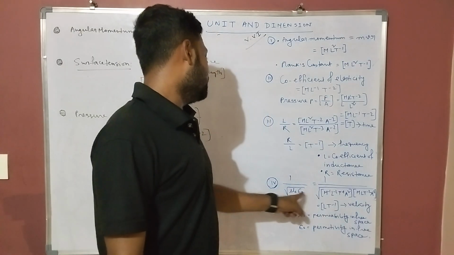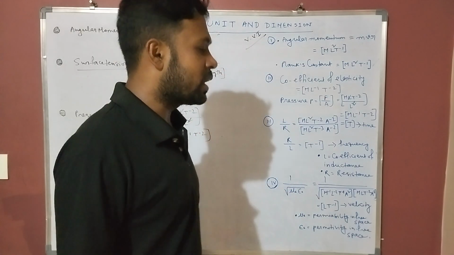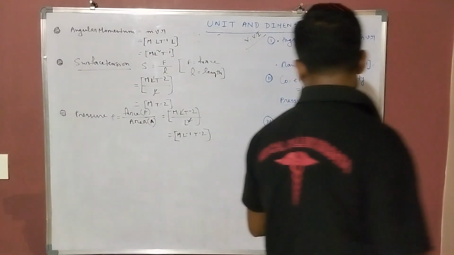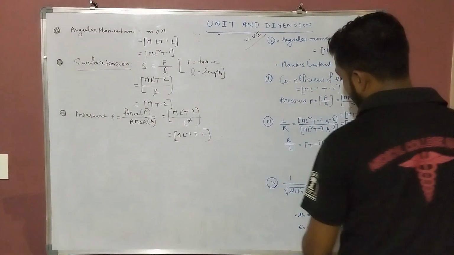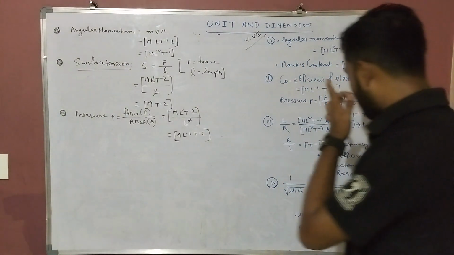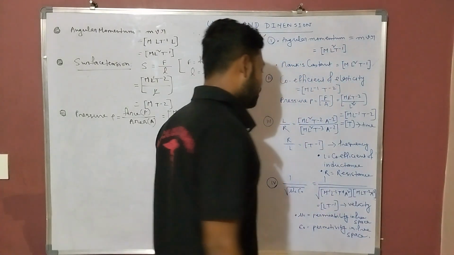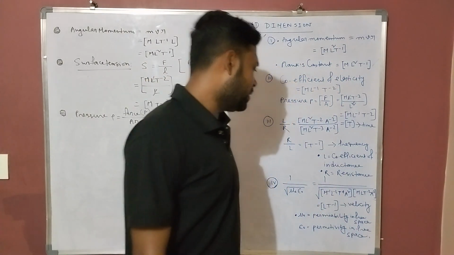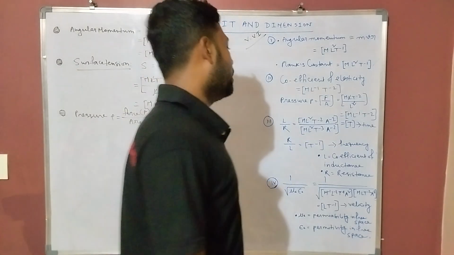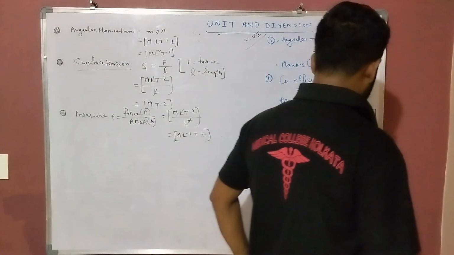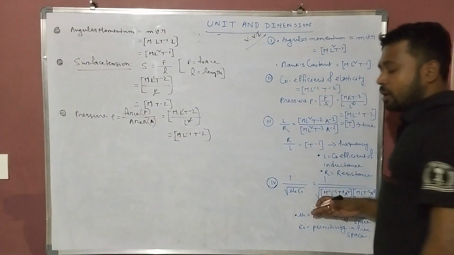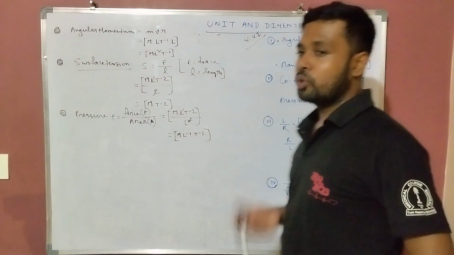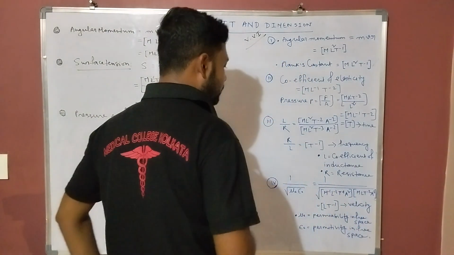What is 1 by root over of mu naught epsilon naught? This is called mu naught, this is called epsilon naught. What is mu naught? What is epsilon naught? Mu naught is the permeability in free space and epsilon naught is the permittivity in free space. I will discuss these two terms in detail in class 12 in future.